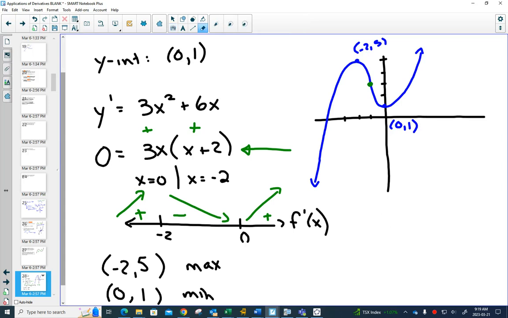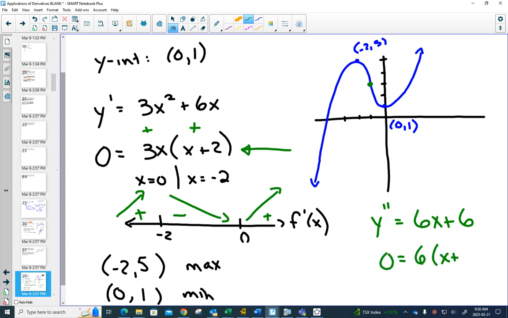I guess I'll keep the notation the same. My second derivative would be 6x plus 6. And setting that equal to 0 tells me that it happens at -1.